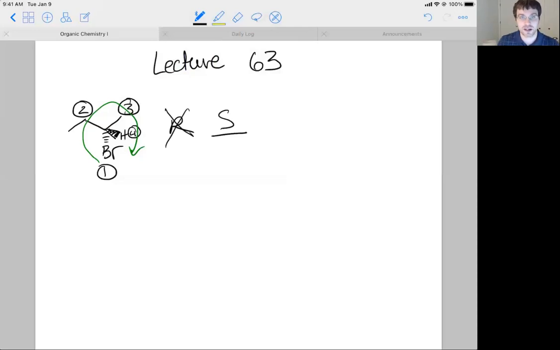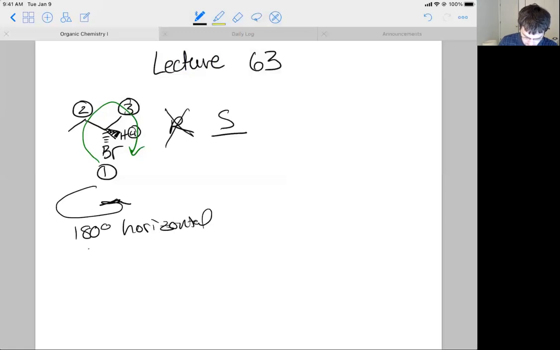Anyway, let's go ahead and roll the molecule around in our head. I'm just going to spin this molecule 180 degrees. Now I know that's not a trivial thing to do, but think about picking it up by one point and swooping it over to the other side, just spinning it around.